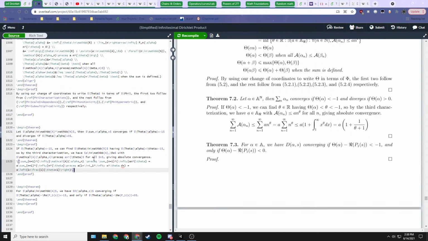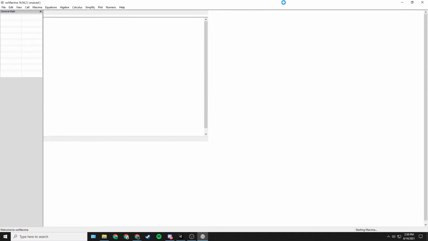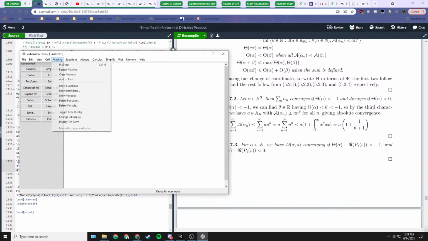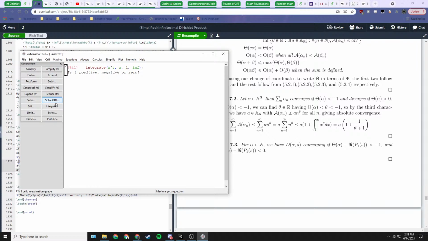In this case, theta is negative. Let me actually just work that out. Integrate x to the power t, from 1 to infinity. It's negative, minus, yes, it is minus, that's what I thought.